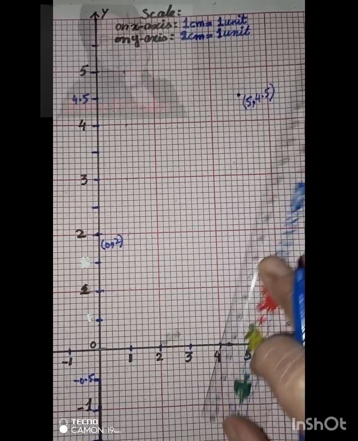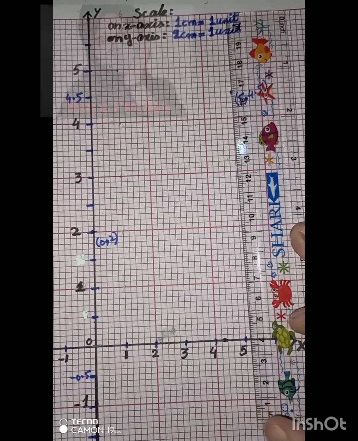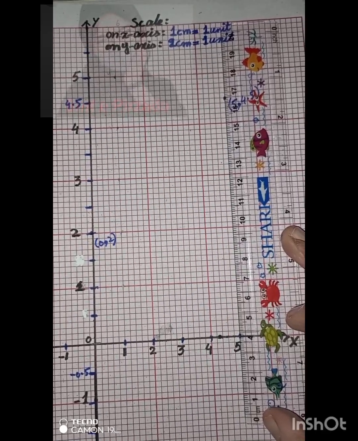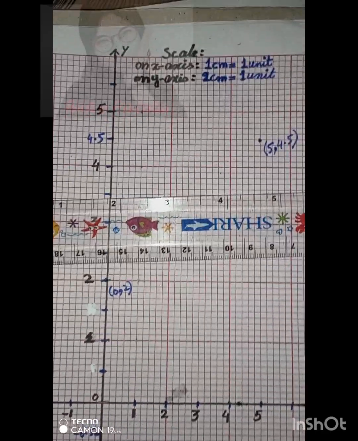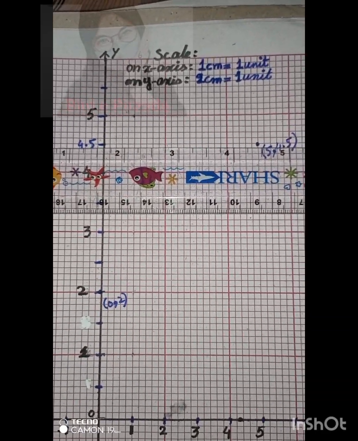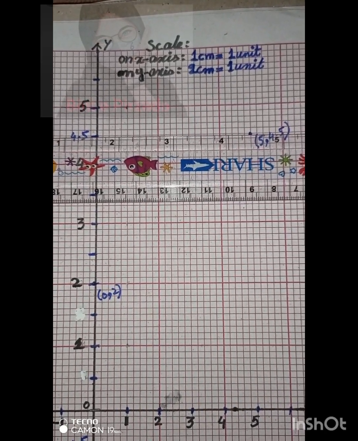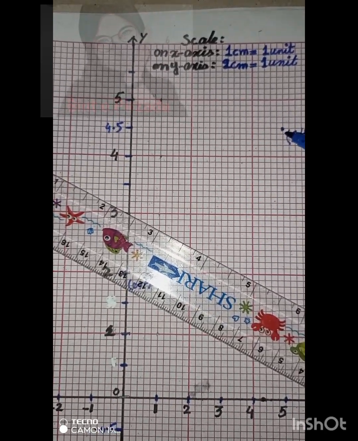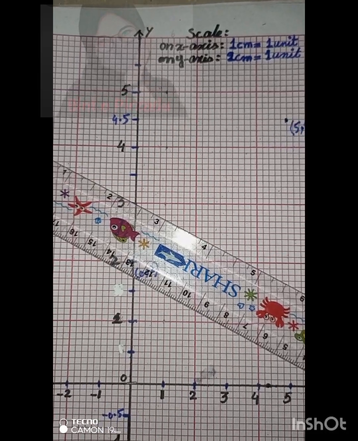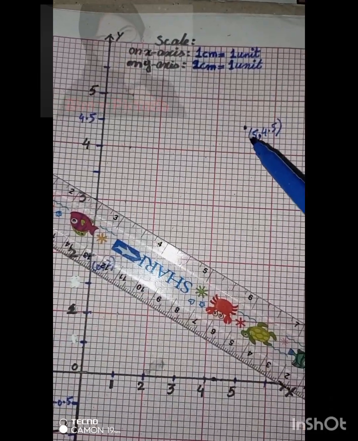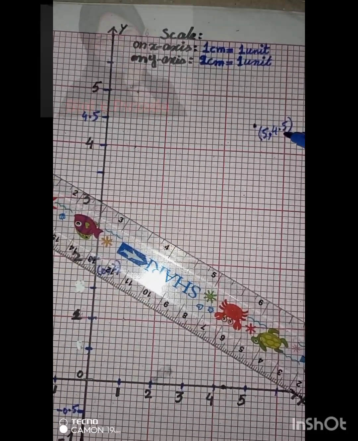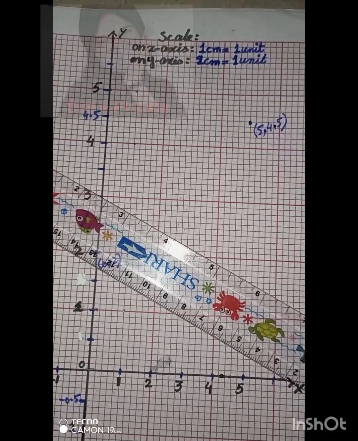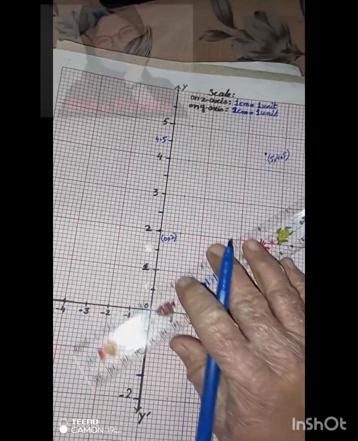Again you can see this point is 5 units from the x-axis and 4.5 from the y-axis, and at this point where the two values intersect each other, this point is 5 and 4.5. Now join these points using a scale and a straight line.